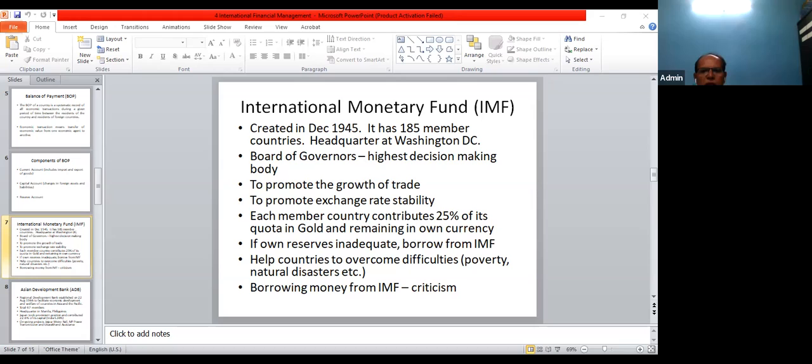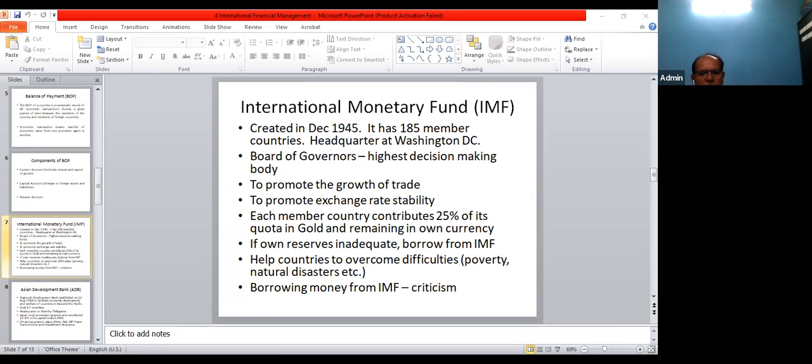But again, we can criticize this quota system. This quota system has created the influence level of a particular country. If a particular country has the highest quota, then naturally they have the biggest influence over the IMF.